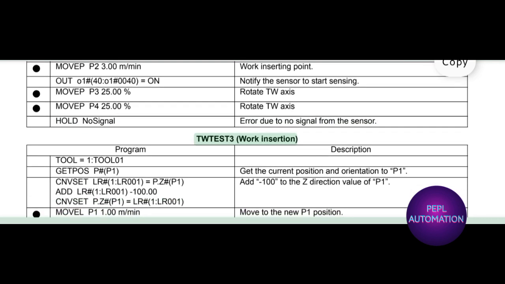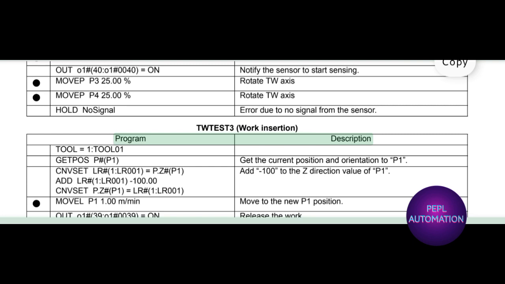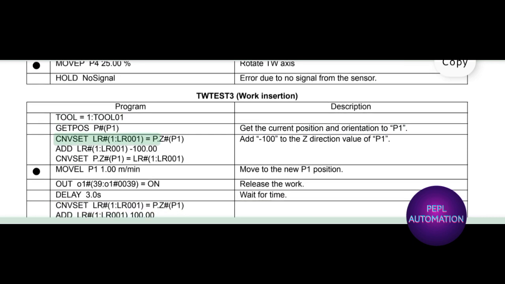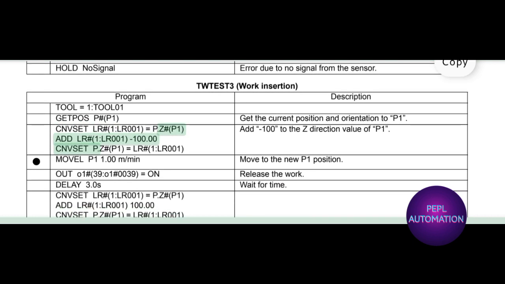TWTEST3, work insertion. Program description. Tool equals 1. TOOL01. GETPOS P hash P1: get the current position and orientation to P1. CNVSET LR number 1, LR001 equals P. Z hash P1 add LR number 1, LR001 minus 100.00.